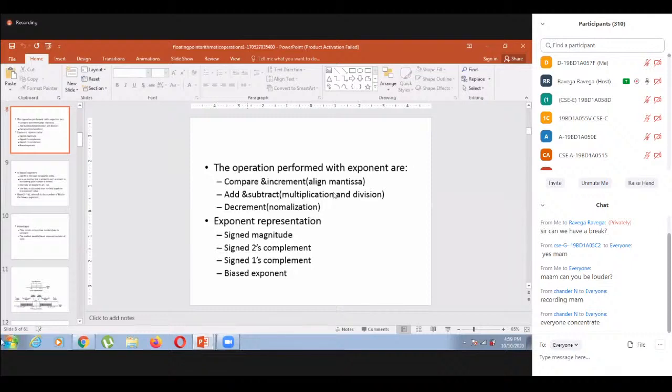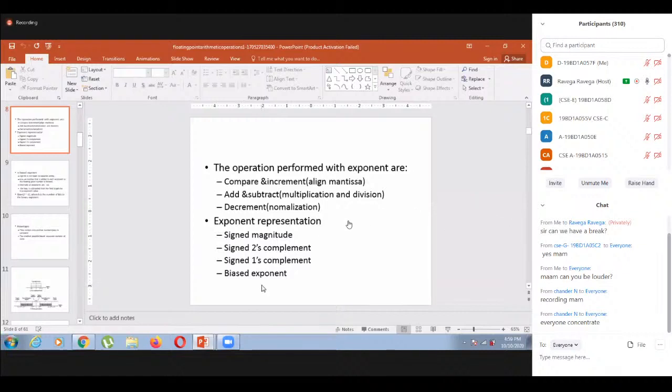What is meant by ones complement? You change the 1 to 0 or 0 to 1. After performing the ones complement, you add the one value to the least significant bit, then you get the 2's complement.